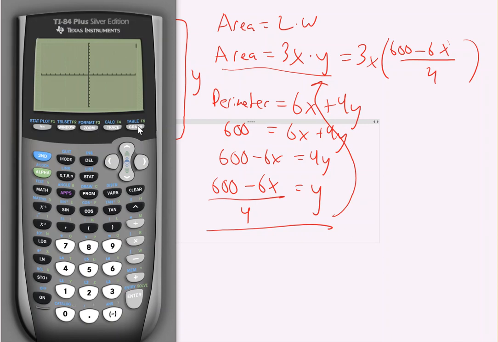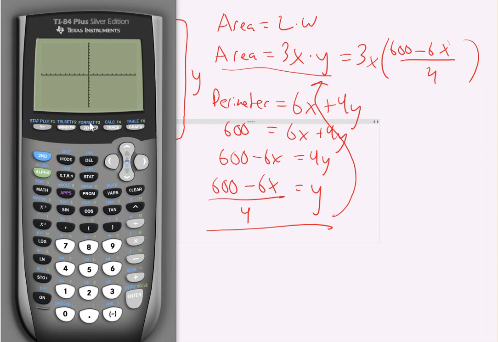So graph. Now what I anticipate is that I'm probably not going to see anything, and sure enough, that's what happened because the numbers are probably a little bit bigger. I mean, I have 600 feet of fencing. I doubt that the amount of fencing that I would use for x would be somewhere between 0 and 10.